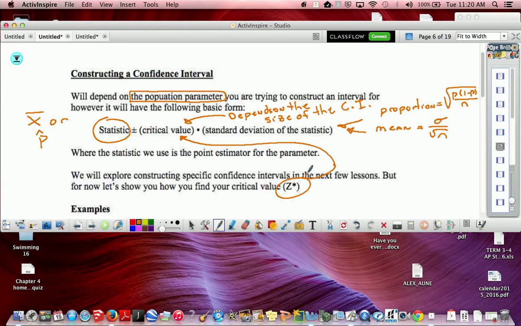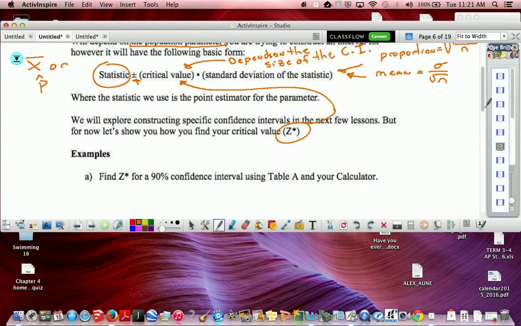Finding this critical value is sometimes a challenge, so we have some practice examples on how to find our z-star scores. And you'll see that it's plus or minus because you go to the left and to the right.